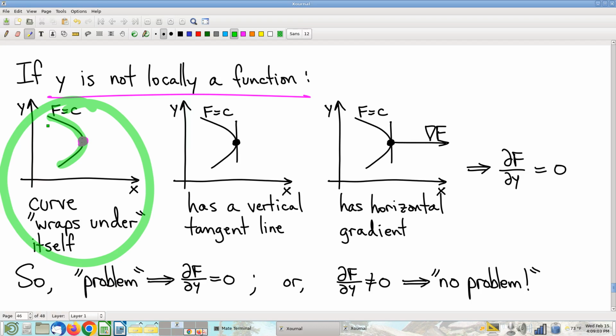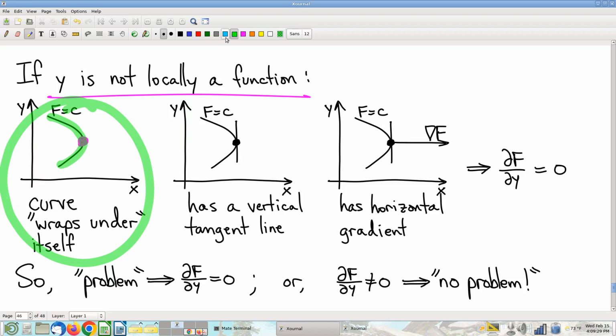And it's the fact that the curve is wrapping under itself that's going to make it, no matter how close I get, I'm always going to have vertical line test failures, because at that point, that's exactly the point where the curve is wrapping under where it had already been. Okay, so that's what a problem looks like.